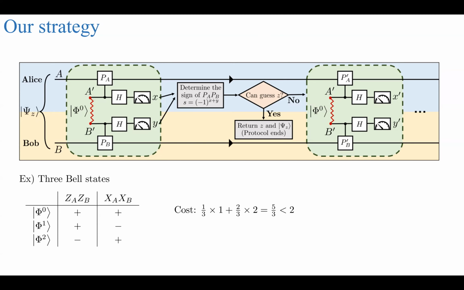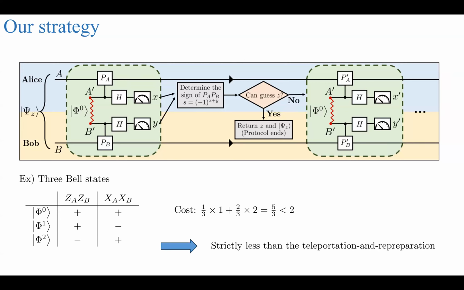If the outcome is plus, then we do the same procedure once again for the X generator, and the total average cost is 5/3, which is strictly less than 2, the cost in the conventional teleportation and reconstruct method.